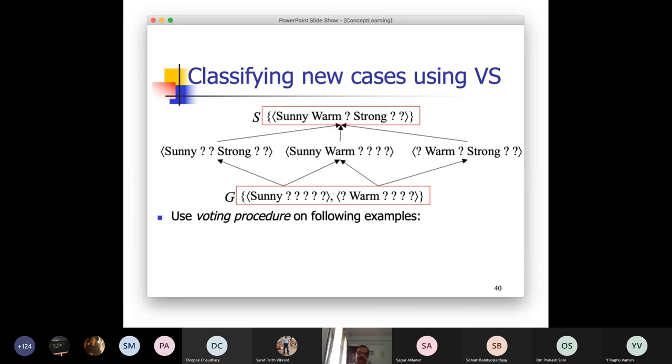Voting is basically this: suppose here there are 1, 2, 3, 4, 5, 6, say 6 such hypotheses in the version space, and you know that they are consistent with respect to our training examples, right? Which means they all satisfy the condition that whatever samples in the training examples are accepted, these hypotheses accept them, and whatever samples are rejected, these hypotheses reject them.